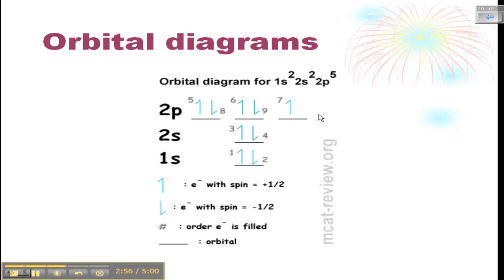This is Hund's rule that we were talking about earlier. Each orbital has to be occupied before we go back and start pairing. Now the Pauli exclusion principle tells us that there's 1 up and 1 down in each orbital. So we've covered those 3 principles.